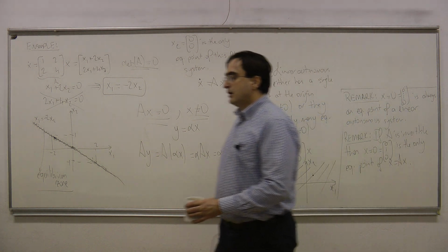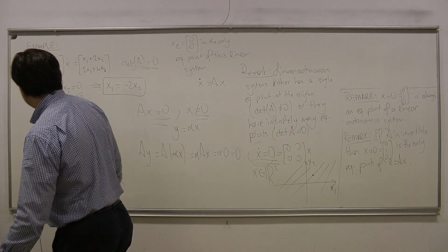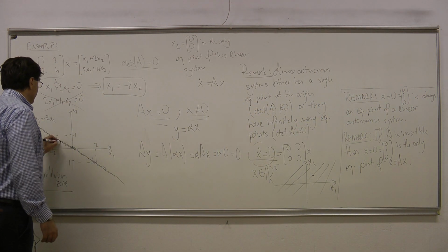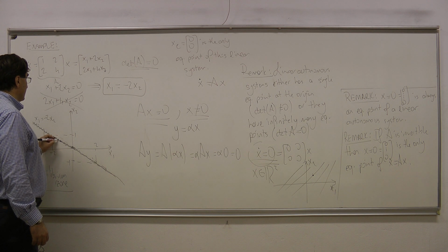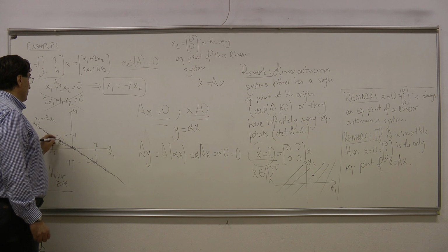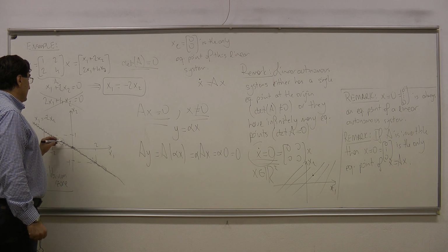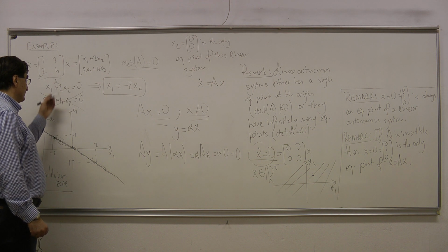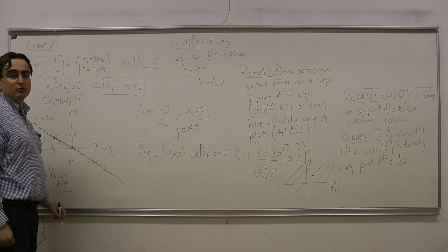So here I have the similar thing. When I find an equilibrium point, suppose that I take an epsilon neighborhood, or epsilon ball, around this equilibrium point, and I check if there exists another equilibrium point of the same system in that epsilon neighborhood.